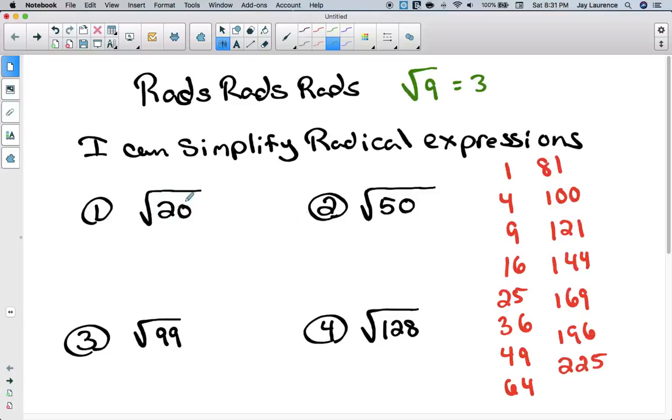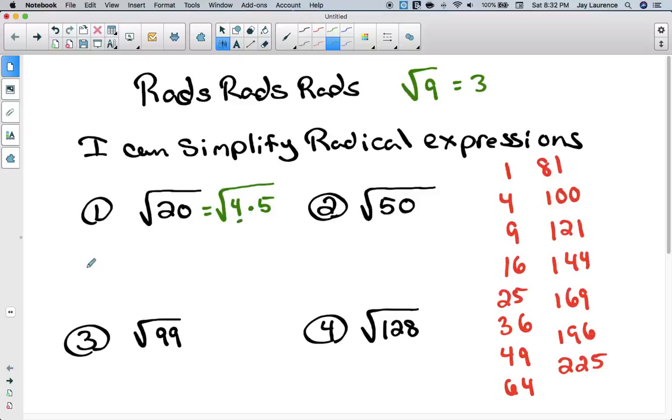So since my number is 20 right now, the square root of 20, I'm not going to worry about 25 or 36 because those are too big. I'm going to check, does 16 go into 20 evenly? Nah. Does 9 go into 20 evenly? Nope. Does 4 go into 20 evenly? Sure does. So instead of rad 20, I'm going to think about it as rad 4 times rad 5, with 4 being the perfect square factor.